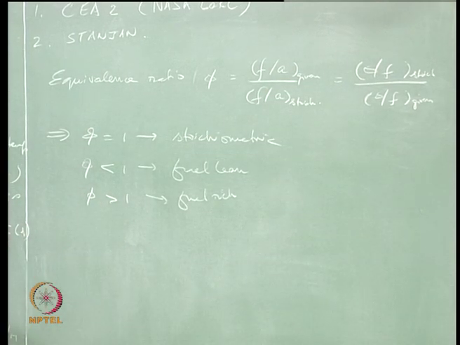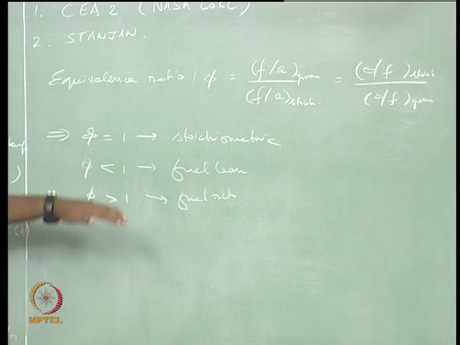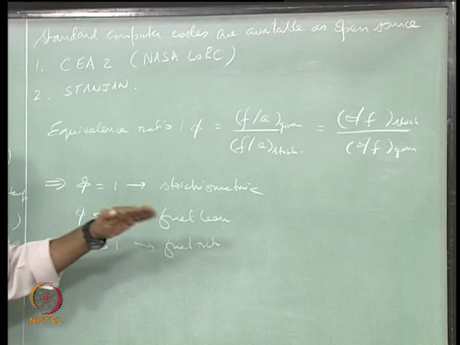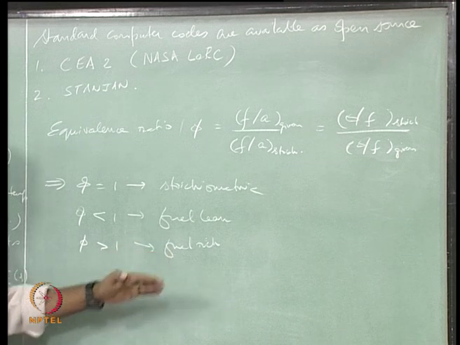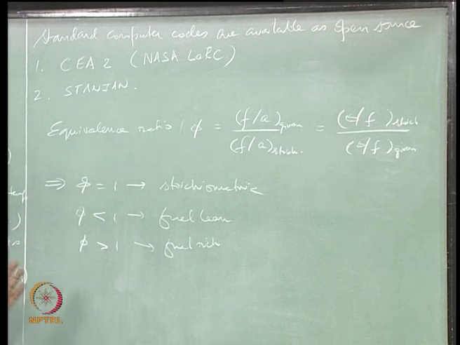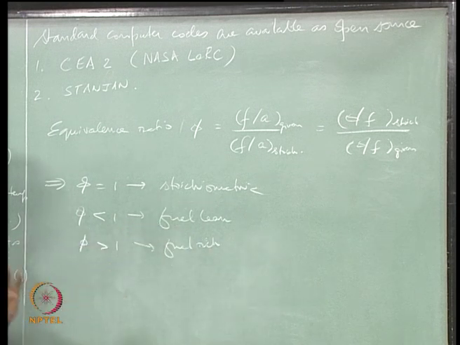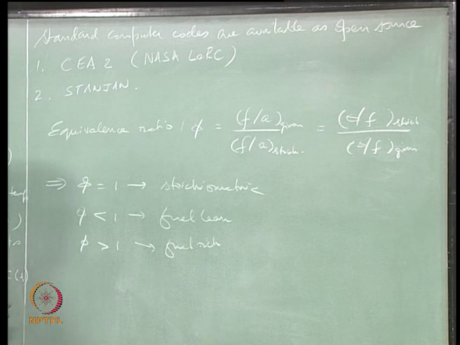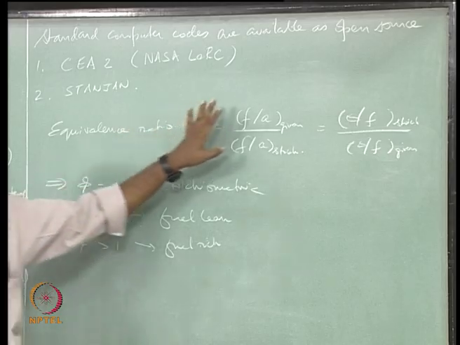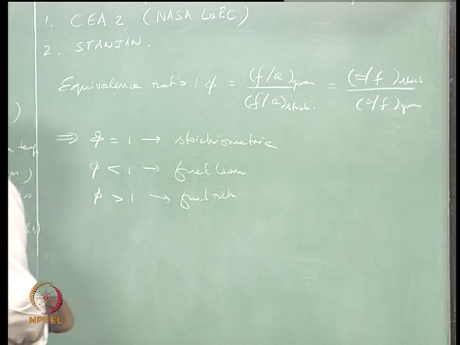What matters finally is this: if your phi is less than 1, it's fuel lean. You have to define your phi like that. That's how it works. And phi greater than 1 should be fuel rich. This is like the mantra all over the world on this. So you don't have to think about this at all. Then you work out all the other details.